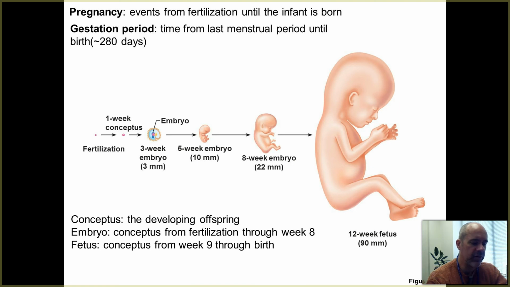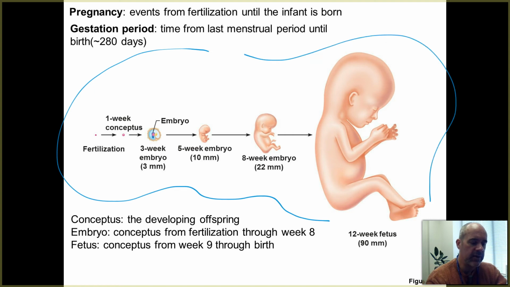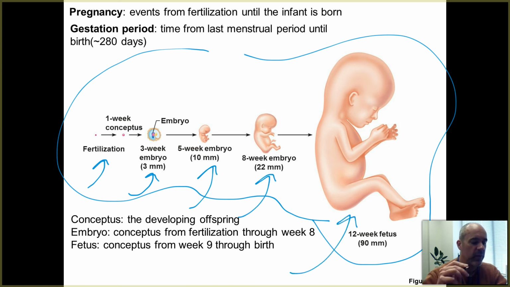Okay, some additional terminology. Here you're seeing some of the stages of development and the changes in size and so forth that occur pretty quickly. So from the time of fertilization, 3 weeks later, a developing embryo looks like this. Here's 5 weeks, here 8 weeks, and then there's a 12-week fetus, which has already developed a pretty good size.